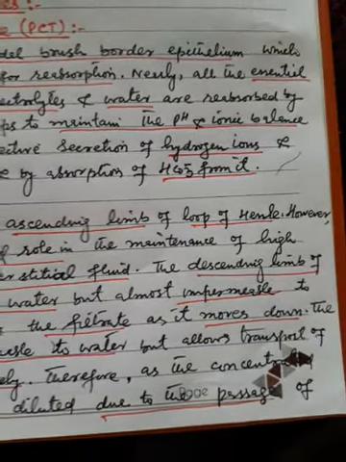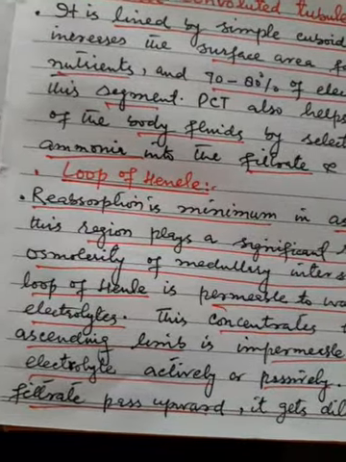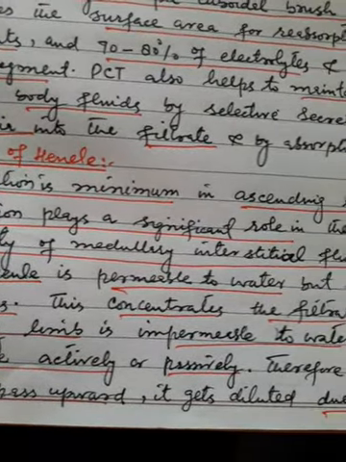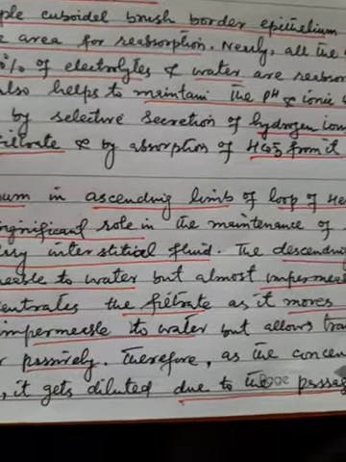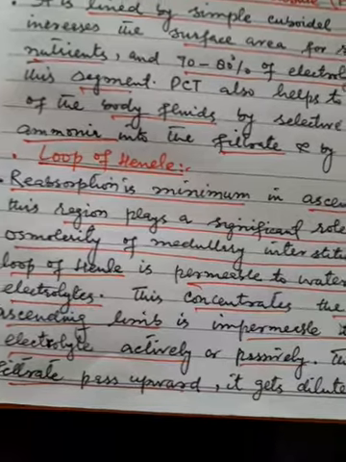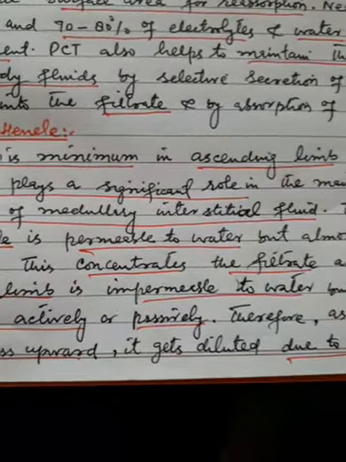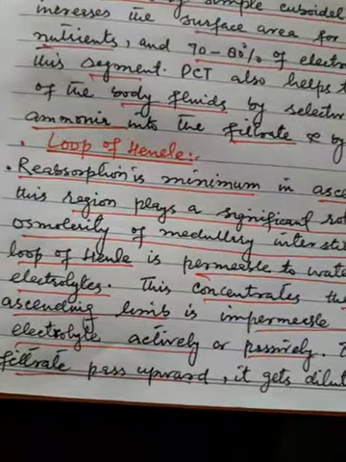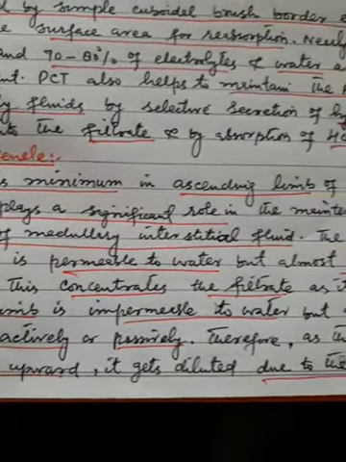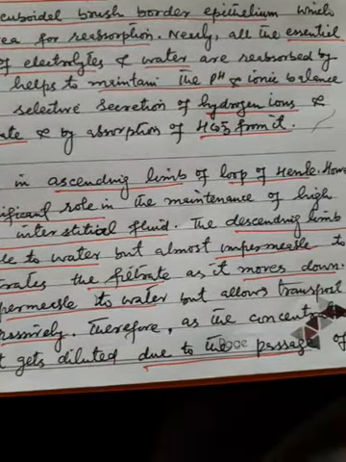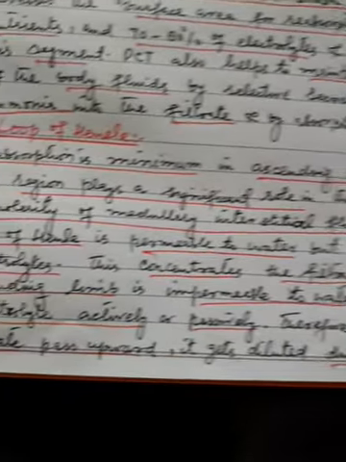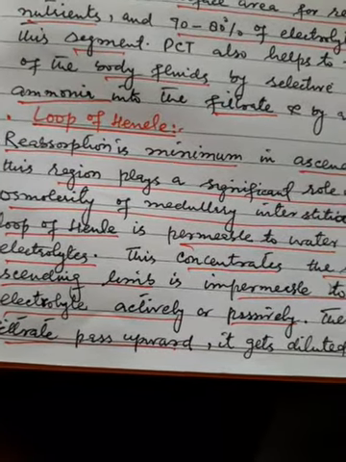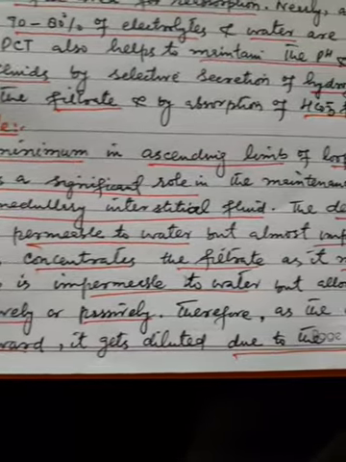The descending limb of loop of Henle is permeable to water but almost impermeable to electrolytes. This concentrates the filtrate as it moves down. The ascending limb is impermeable to water but allows transport of electrolytes actively or passively.